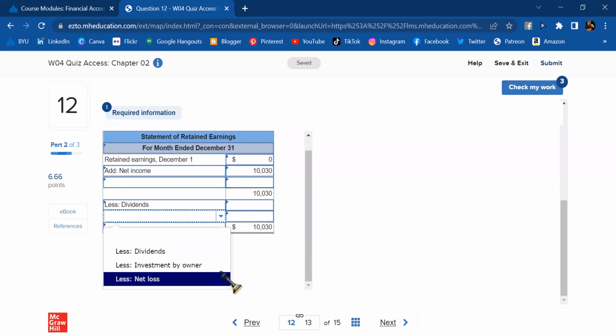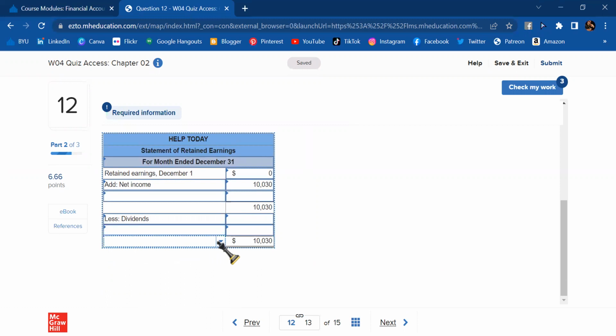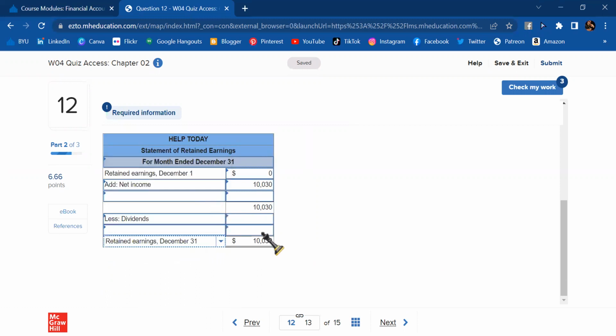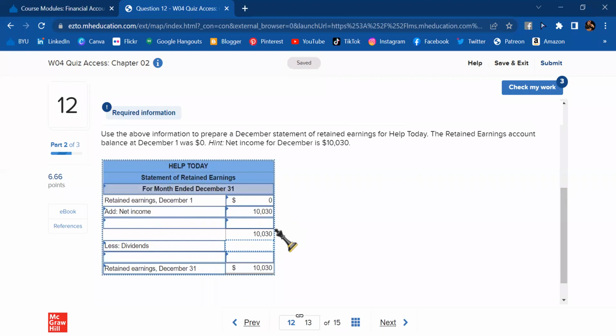Do we have that? Oh wait, maybe I'm in the wrong file here. Let's do this one. Yeah, retained earnings, December 31st. For the less dividends, what were our dividends? 6,140.